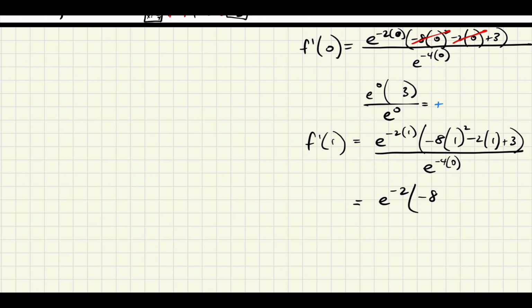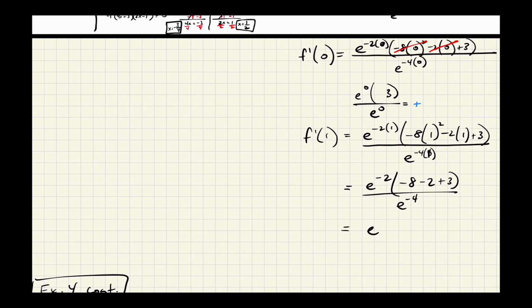Negative 8 minus 2 plus 3 over e to the negative 4 power. e to the negative 4 power is still positive. It's a small number, but it's still positive.